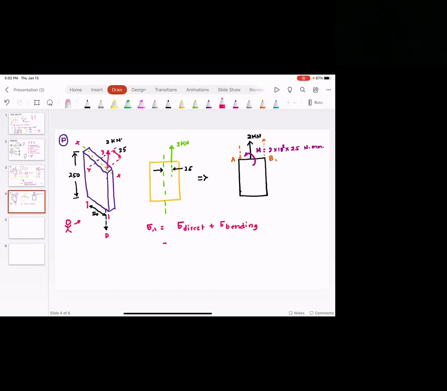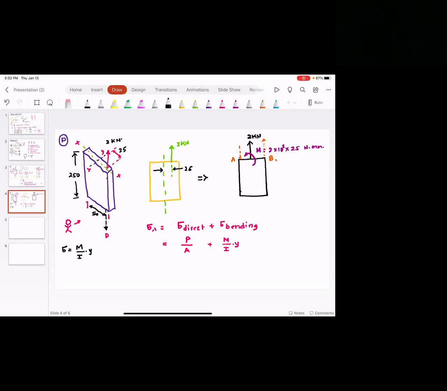Now sigma direct is load divided by area, which is P divided by A. And sigma bending is M divided by I multiplied by Y. Equation for bending: sigma is equal to M divided by I multiplied by Y. Now it is important to note the signs.